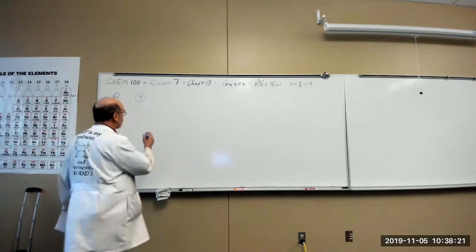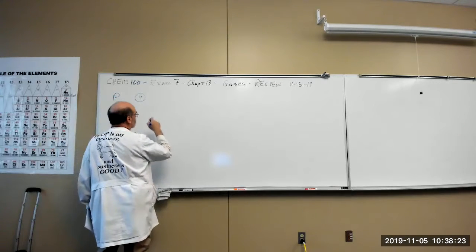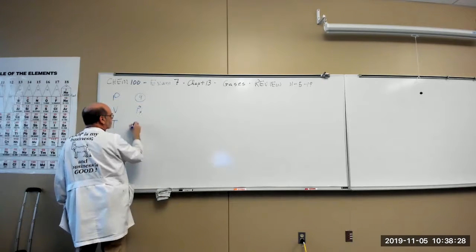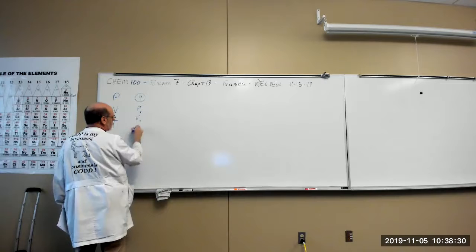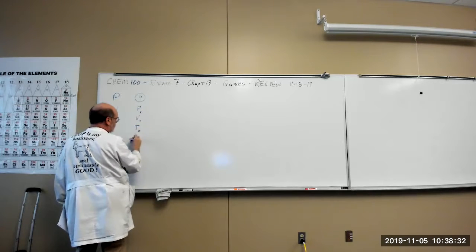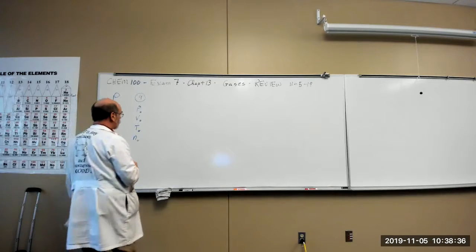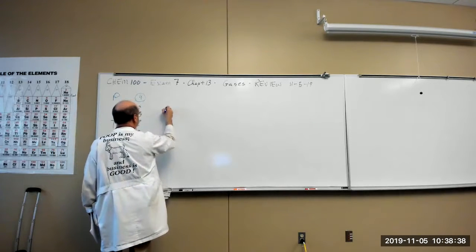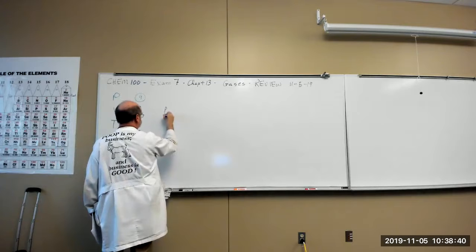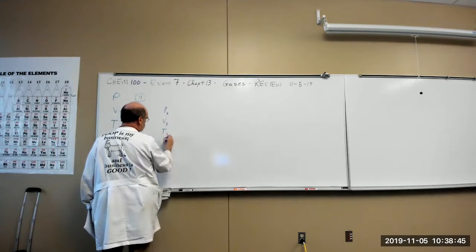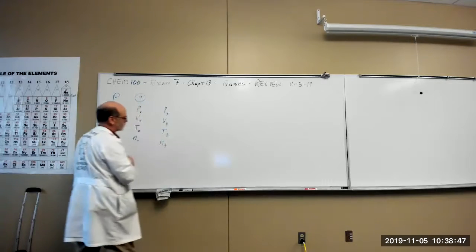So that means the combined law. So what does that mean? Well, we're going to have beginning pressure, beginning volume, beginning temperature, and beginning moles. And we're going to have final pressure, volume, temperature, and moles.